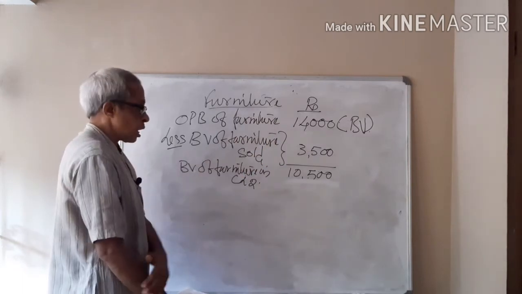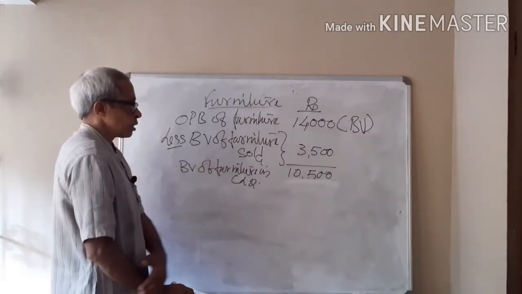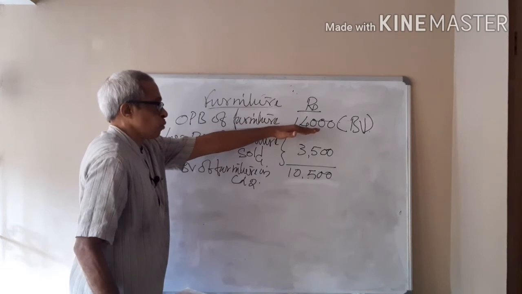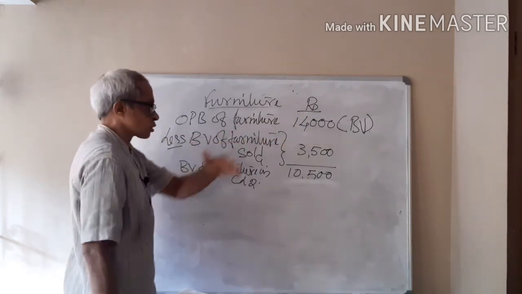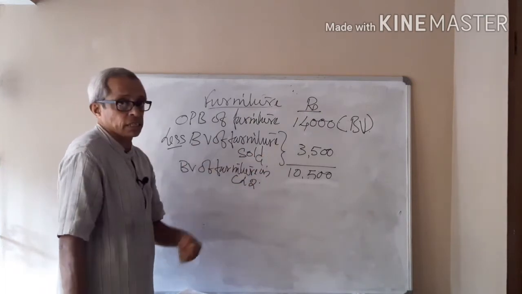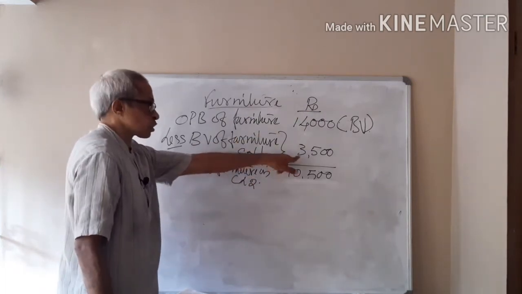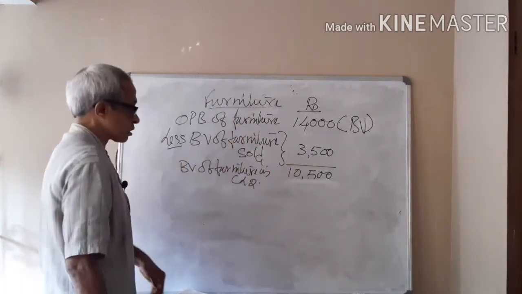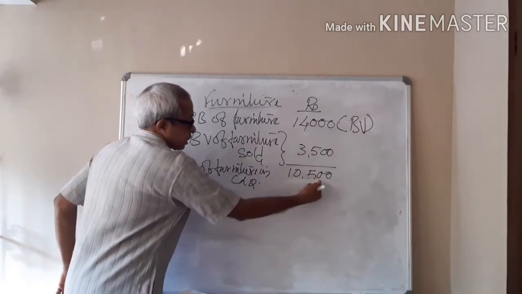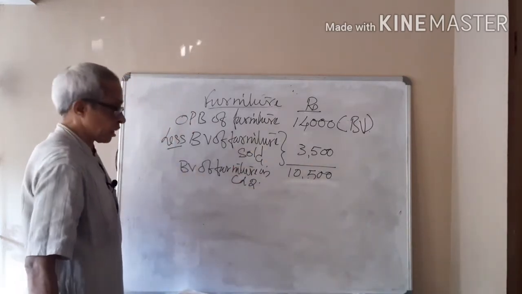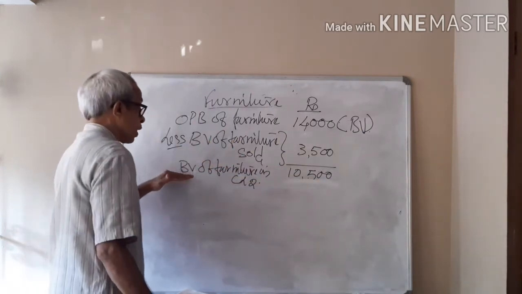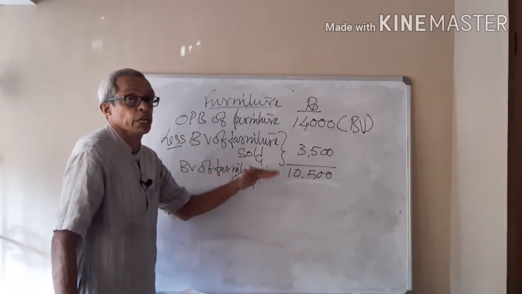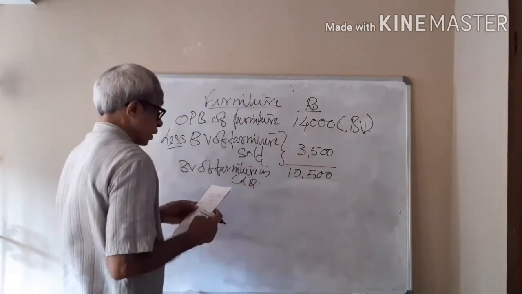From the opening balance of furniture, 14,000, we deducted the book value of furniture sold, 3,500, and the balancing figure is 10,500. That 10,500 is the book value of furniture on the closing date.